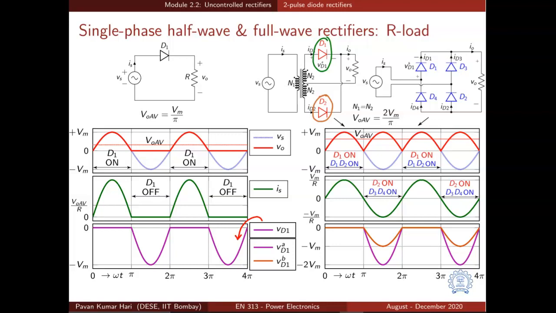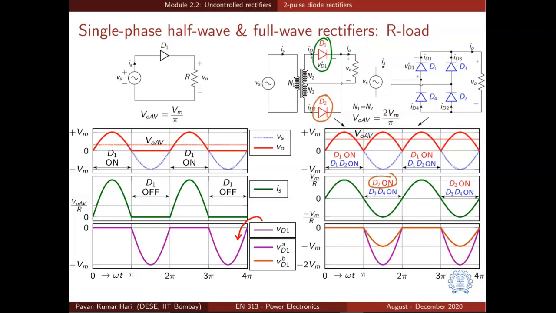So here the waveforms are shown for N2 equal to N1 because they will be identical to the waveforms of 4 diode rectifier when the number of turns N2, half of the number of turns of secondary winding, is equal to the number of turns of primary. So when D1 is on in the positive half cycle, output voltage is equal to Vs, and when D2 is on in the negative half cycle, output voltage is equal to minus Vs.